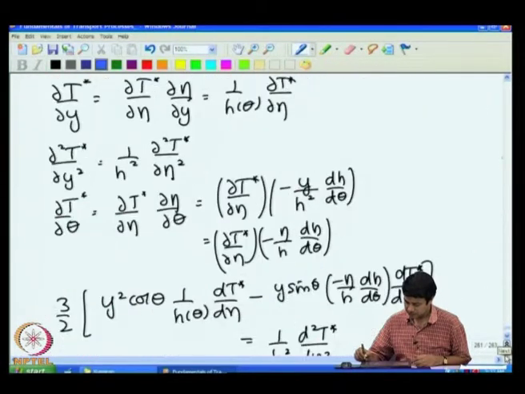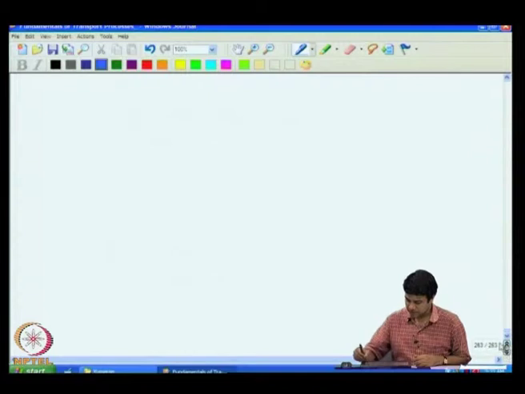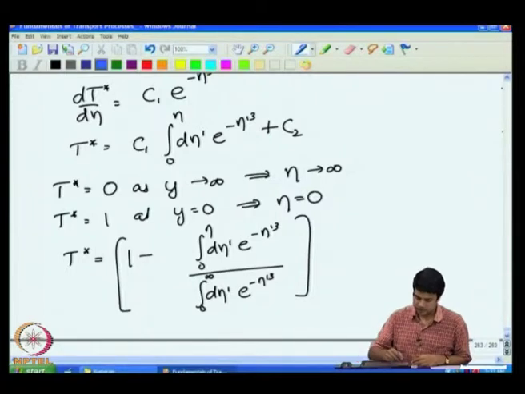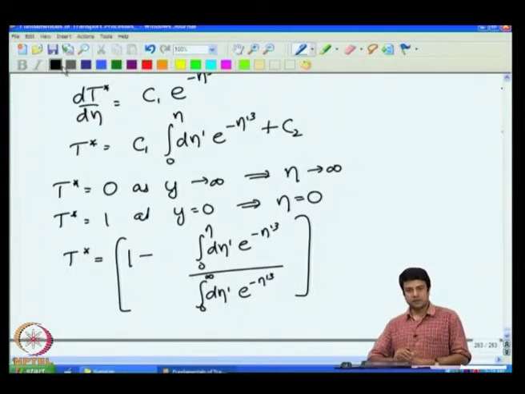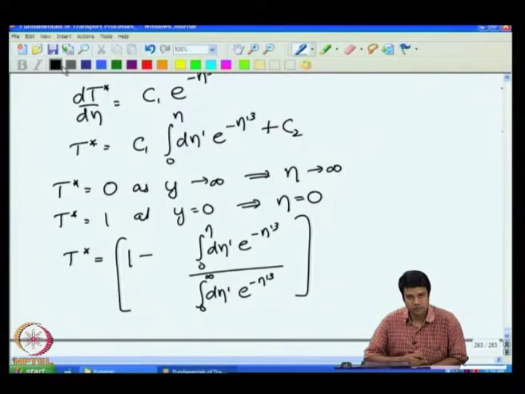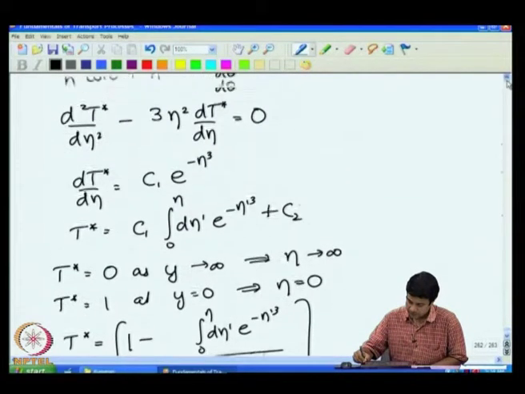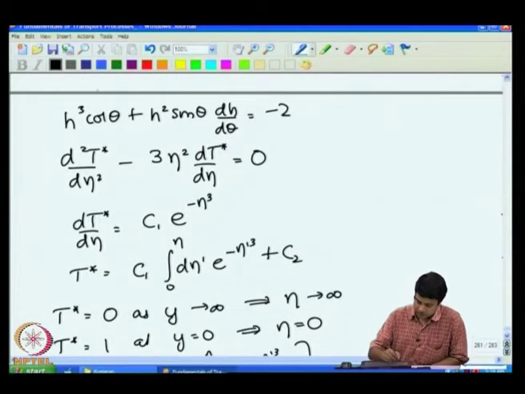And in fact, this will be the equation for the flow past an object of any shape, provided you have no slip conditions at the surface. What changes is this one.